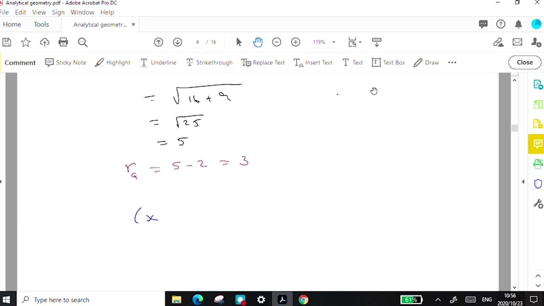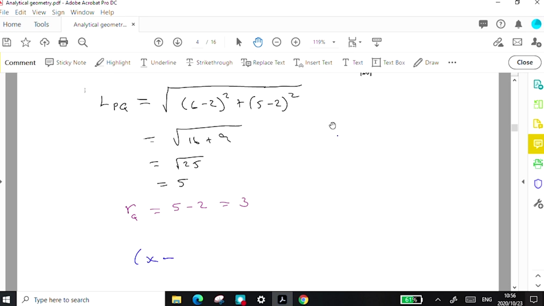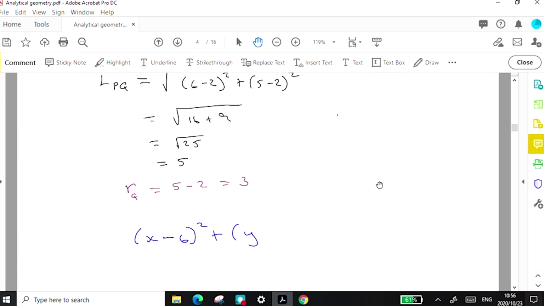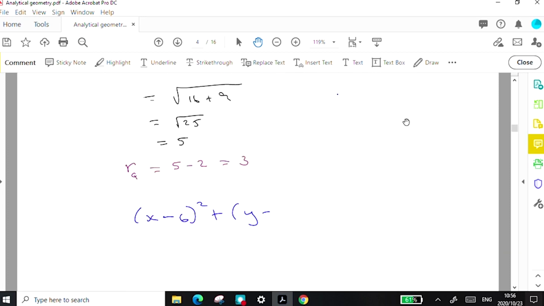If we're shifting to the right, we subtract. So it is x minus 6 all squared plus we're shifting y up. If we're shifting up, we subtract. And we square. And this is equal to r squared.